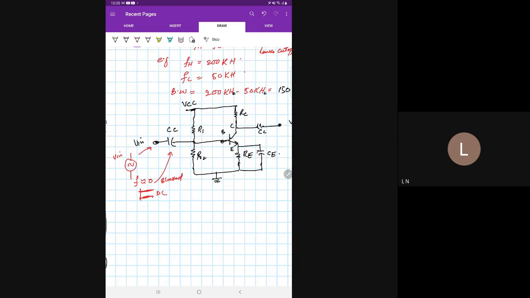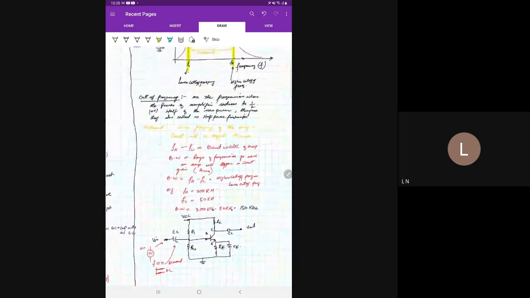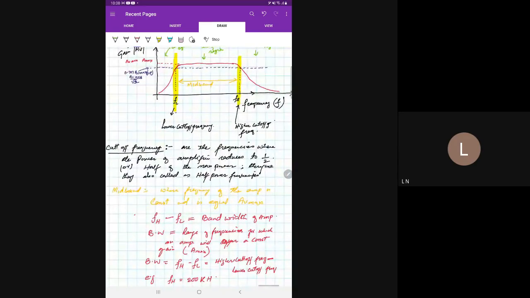You have a very small gain in the low frequency region in the gain versus frequency plot, because the input signal has a low frequency and is not allowed to pass through the input. So there is no input.